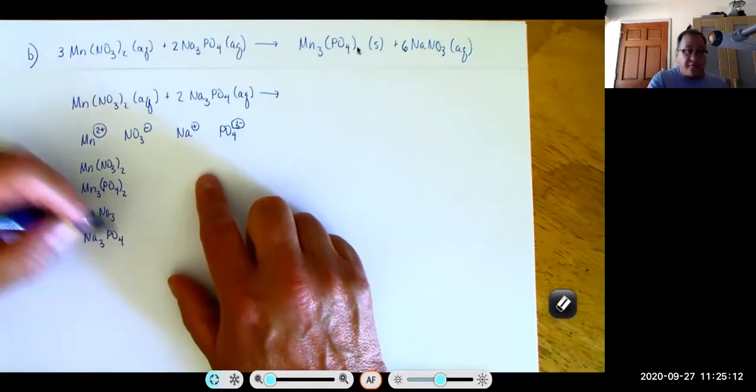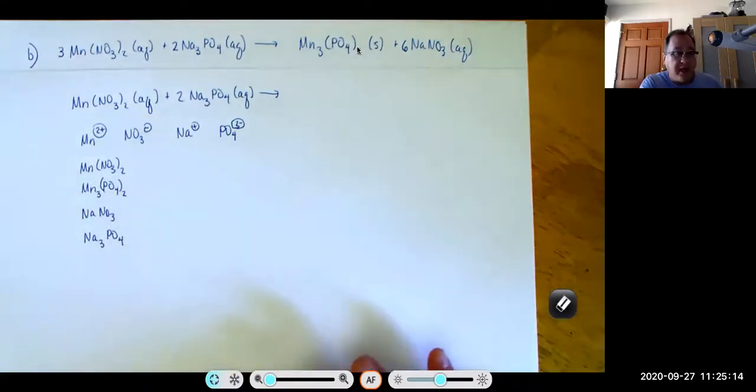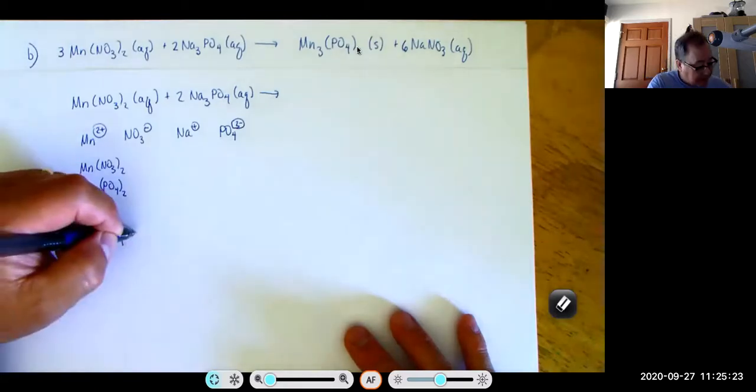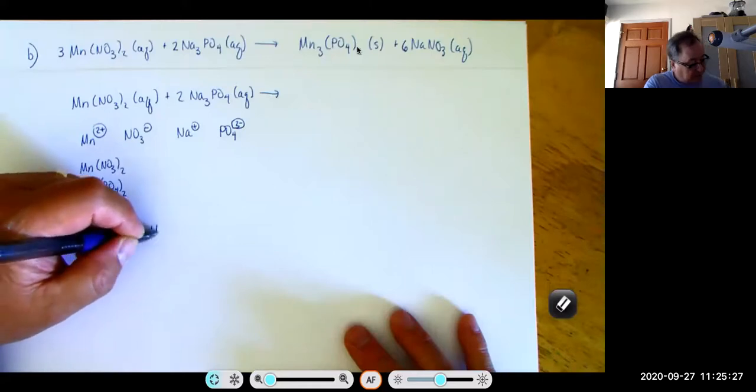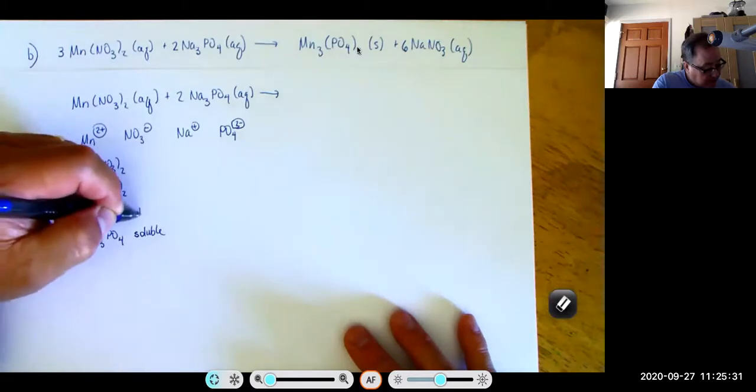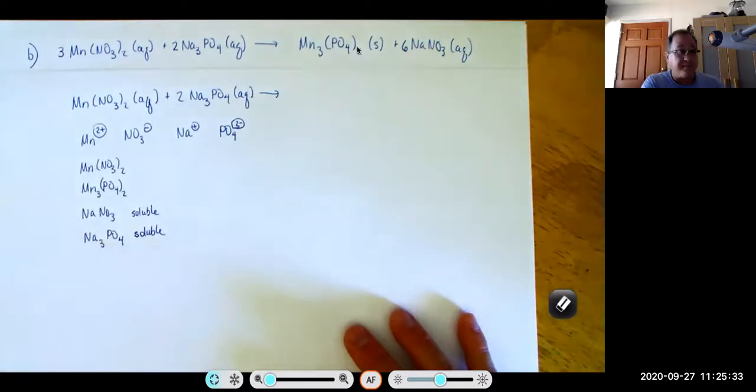So those are the 4 possible ionic compounds that might be a solid in aqueous solution, but we can figure out whether or not they will be a solid by applying the solubility rules. This guy is soluble because it has sodium in it. This guy is soluble because it has sodium in it.